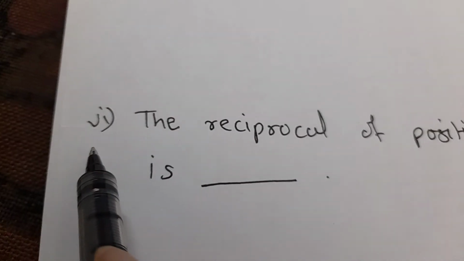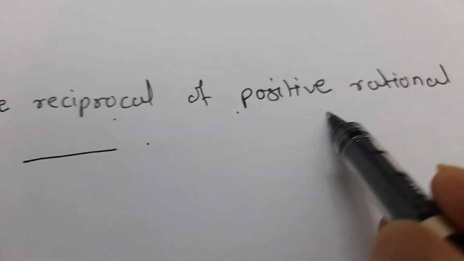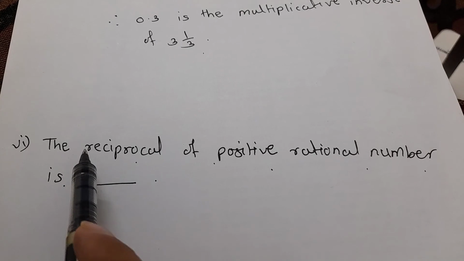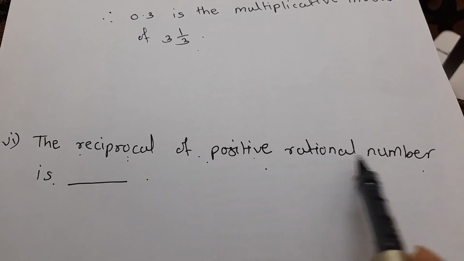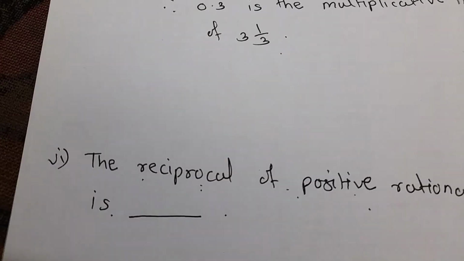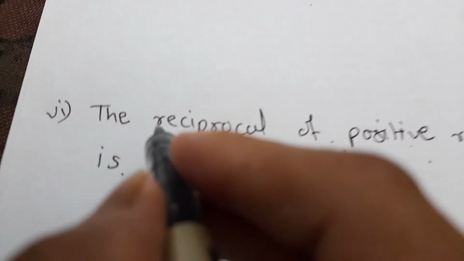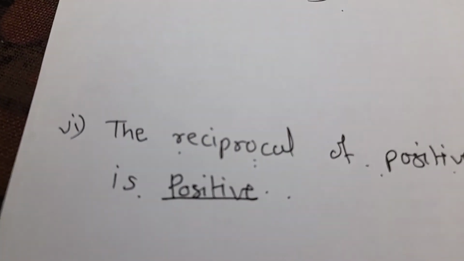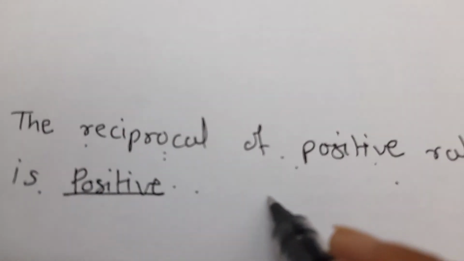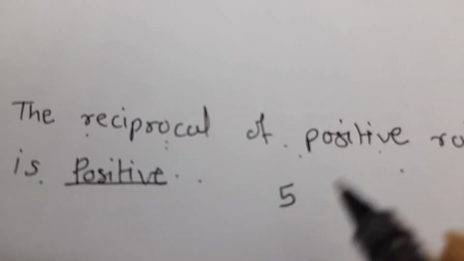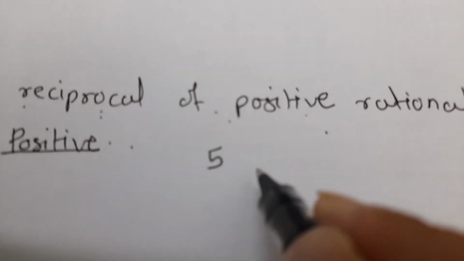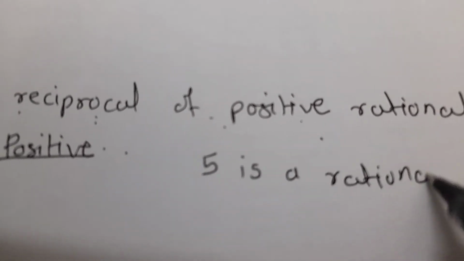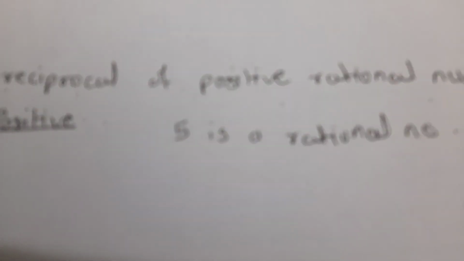Now sixth, the reciprocal of a positive rational number is positive. For example, let us take 5. 5 is a rational number because we can write it in the form of 5 upon 1.